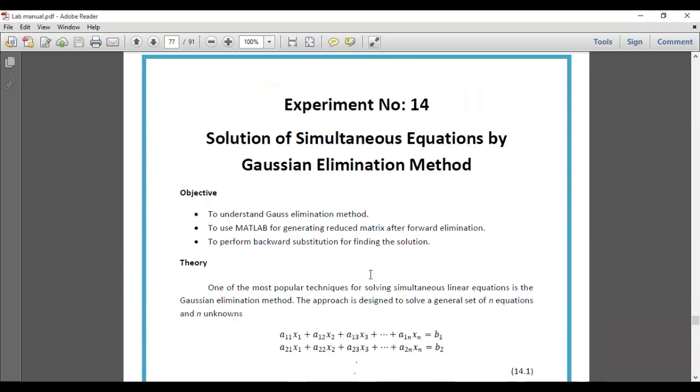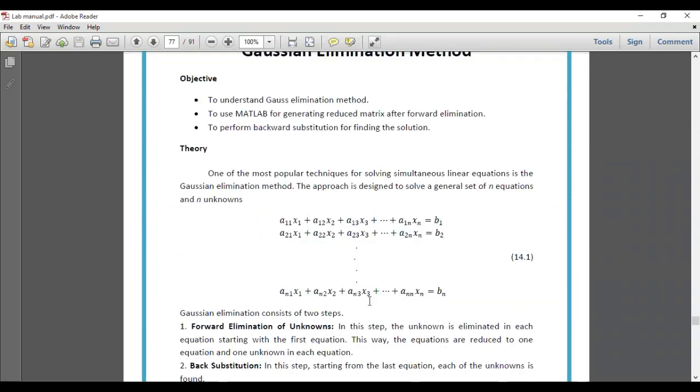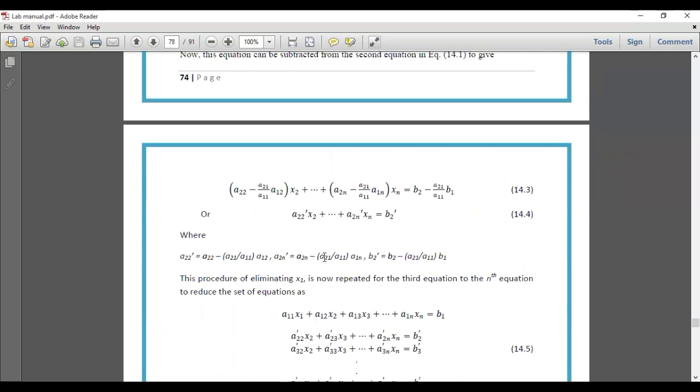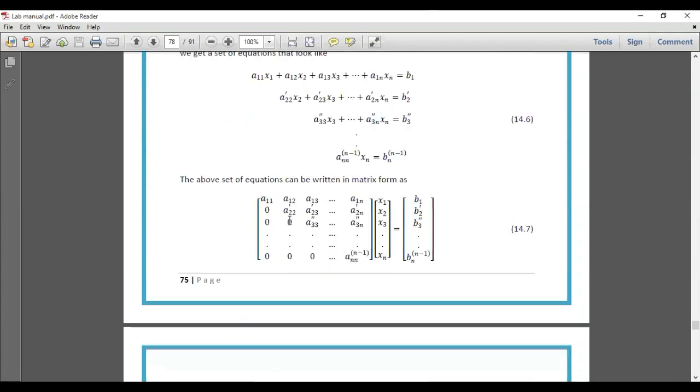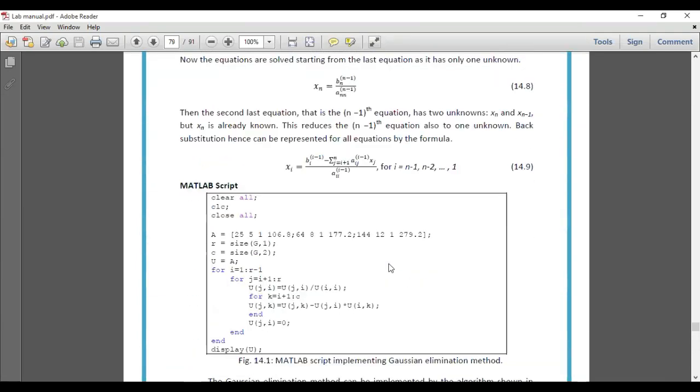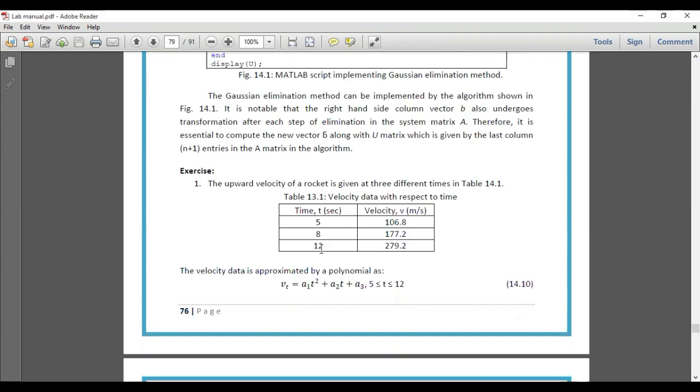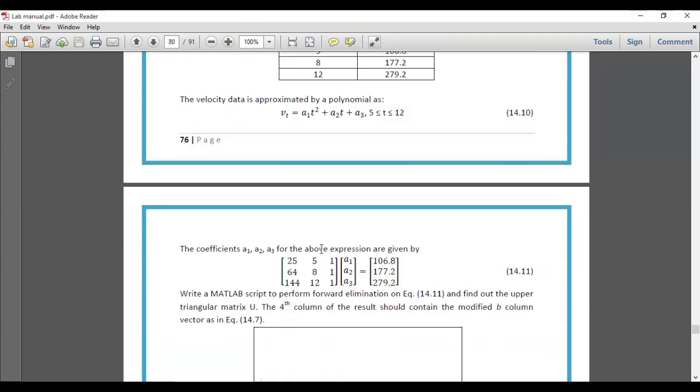So I can show you this whole discussion over here. These are our n simultaneous equations, and here you can see that we are eliminating the first entries, and at the end we will have such a form of the simultaneous equations. So this is a very simple code, and we can implement this code in MATLAB and run it, and it will give us our required answer.